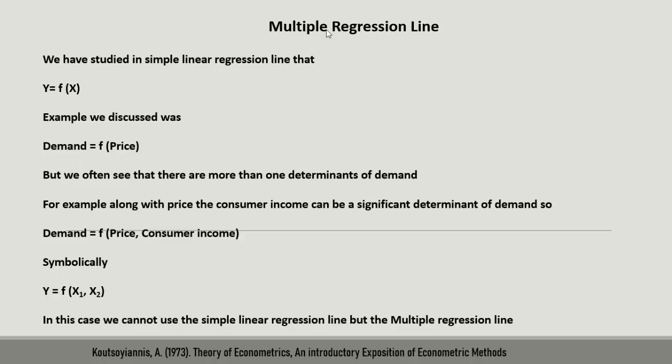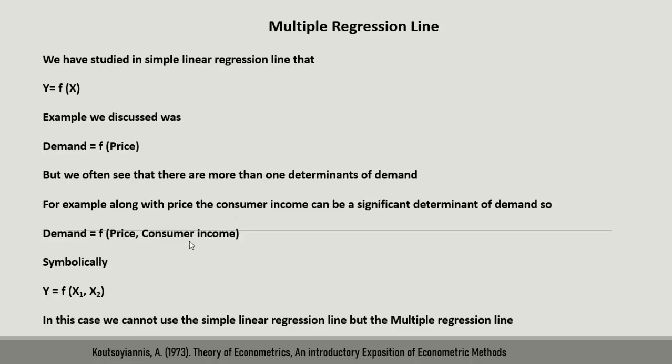But we often see in our daily life that there are more than one explanatory variables. Demand is affected not only by the price of the product, but there are a number of other determinants as well. So if we take another determinant of demand, consumer income, then demand becomes a function of price and consumer income.